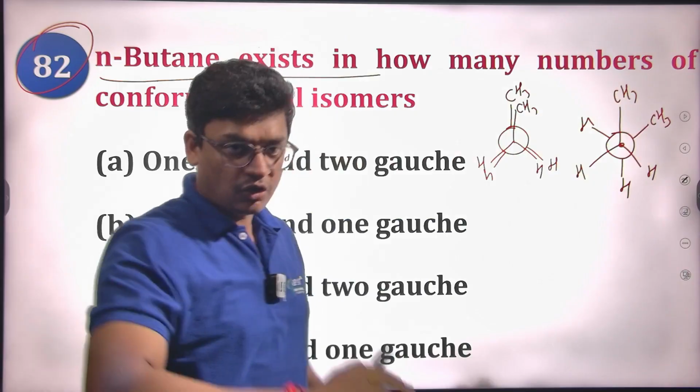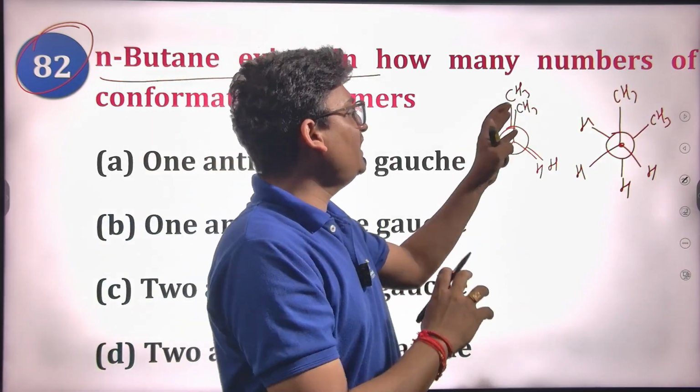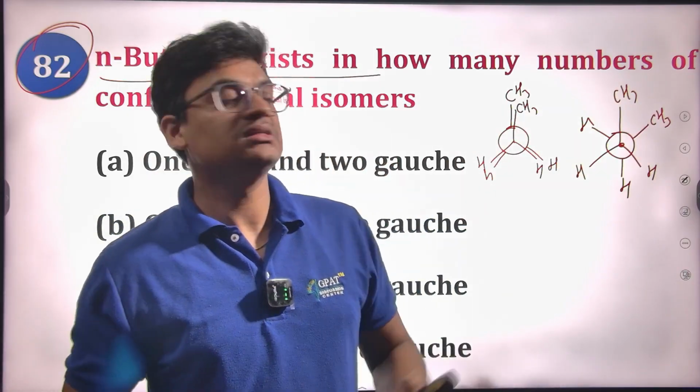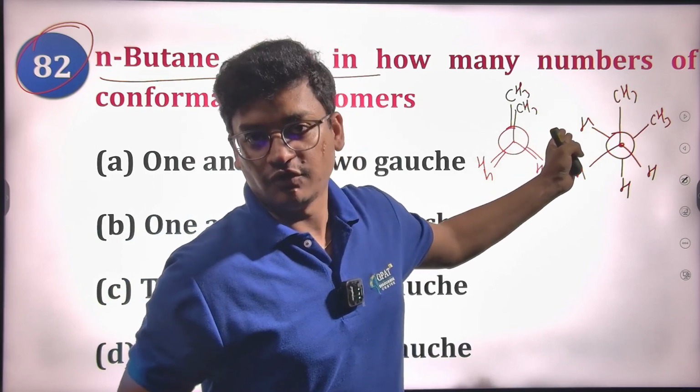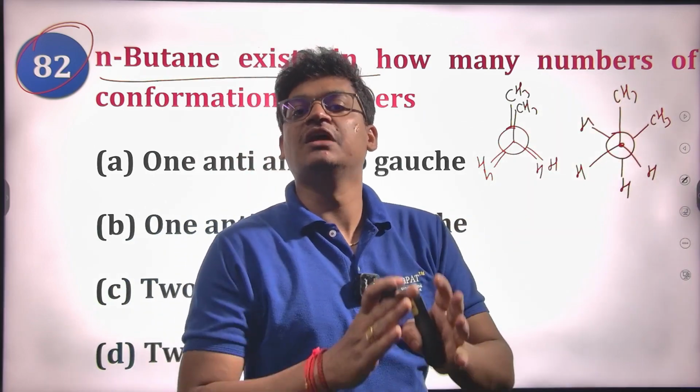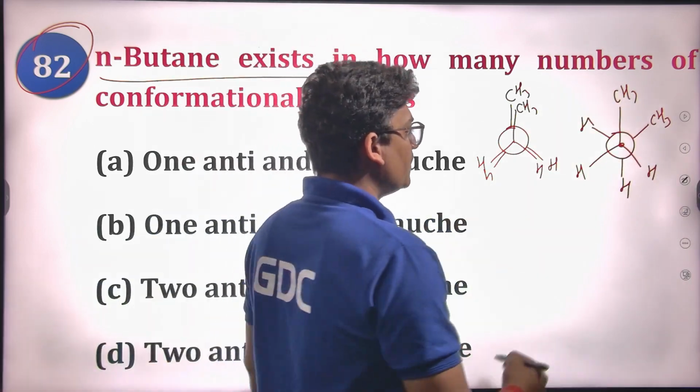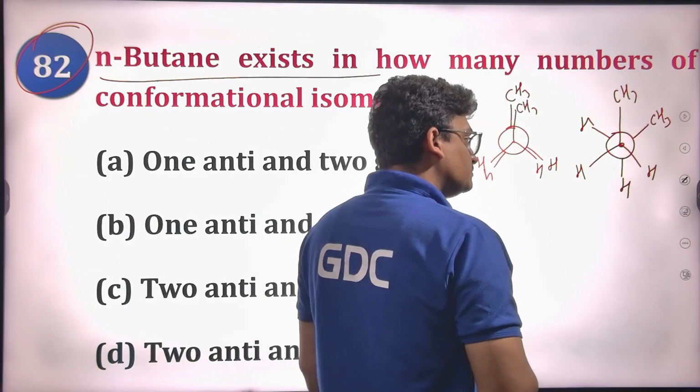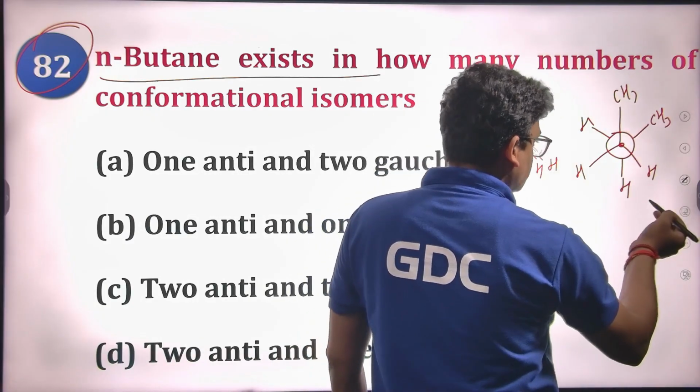After rotation we obtain various other gauche and eclipsed forms, which we are going to name separately. This is your gauche form.